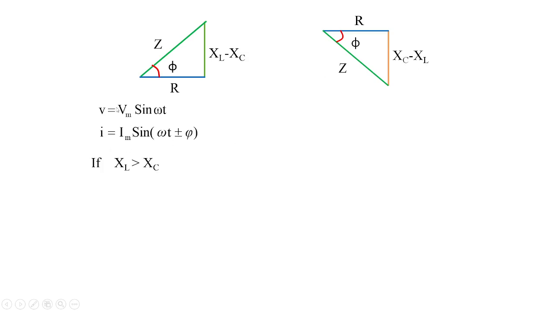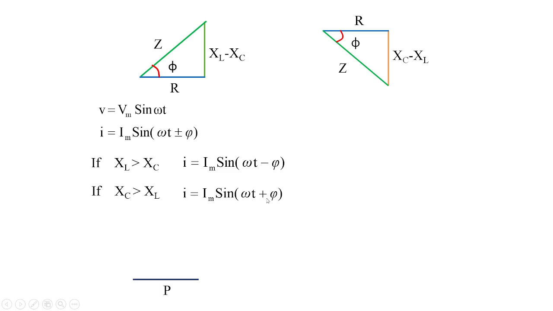So you have here the conditions for voltage and current, and for XL greater than XC we have i equal to Im sin omega t minus phi. For XC greater than XL we have i equal to Im sin omega t plus phi. So the power triangle you can estimate like this. For XL greater than XC, and for XC greater than XL you can have a power triangle like this.